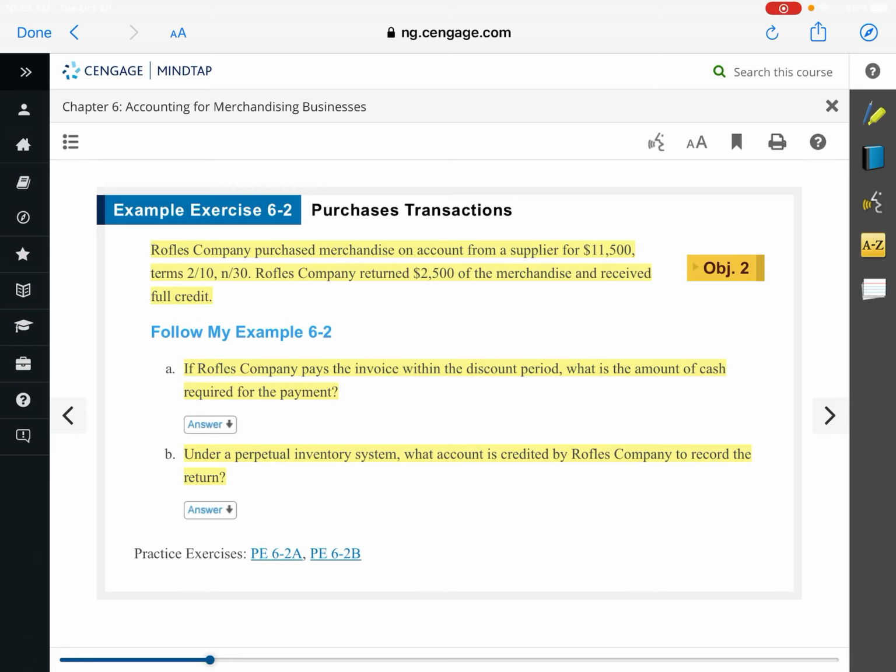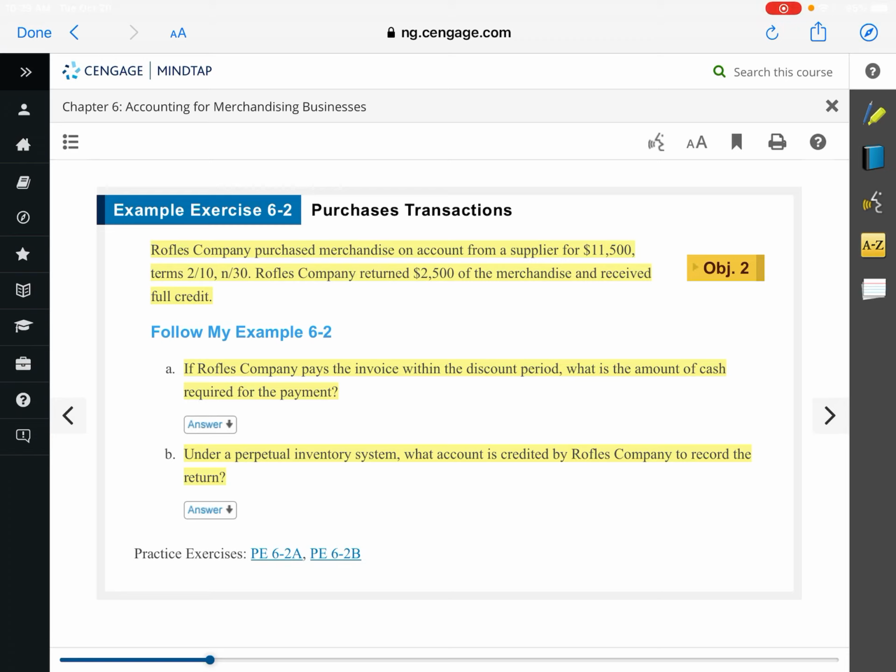So when a cash sale occurs, you would debit cash and then you credit sales. Now, in saying that, every time that we make a sale, whether it's cash or by account, you have to have 2 journal entries. The first is to record the sale. The second is to record the cost of the merchandise that we sold. Okay?